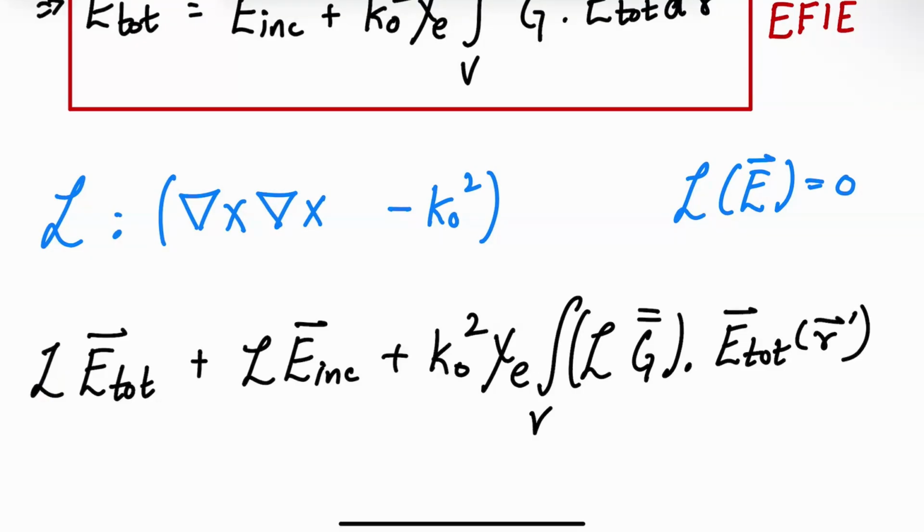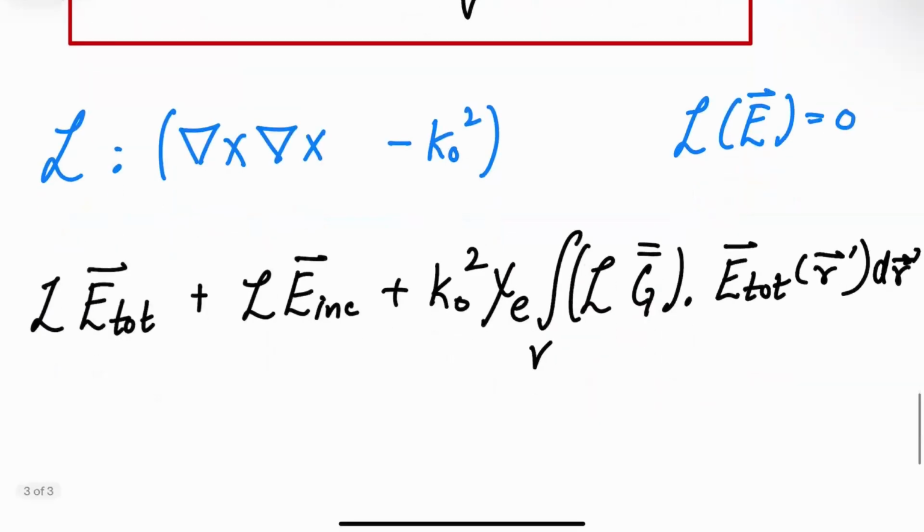I'm going to write it explicitly as R prime, because the reason that L only applies on the Green's function is because only the Green's function is a function of R. Right? This is a function of R prime, and L is with respect to the R vector. These del operators are with respect to R. It's not with respect to R prime. That's why it doesn't act on this. It only acts on this.